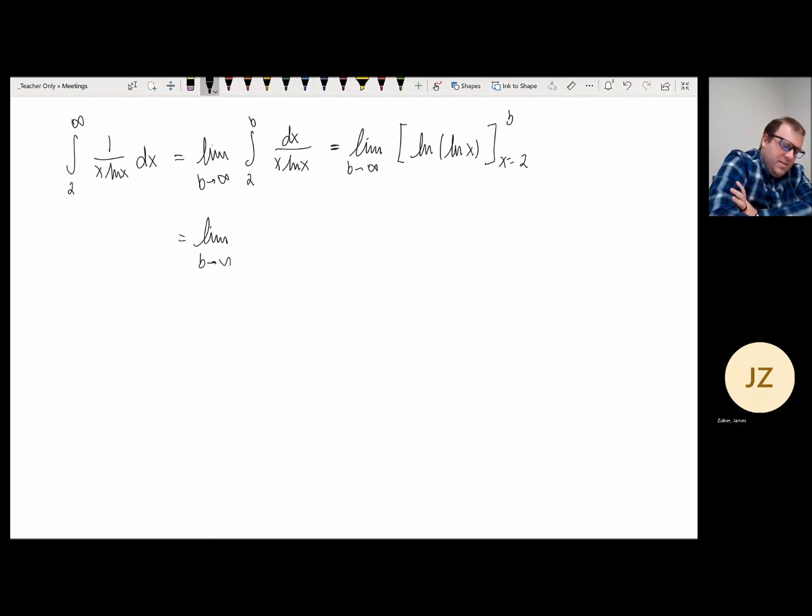This will be the limit as b approaches infinity, log of the log of b minus log of the log of 2.